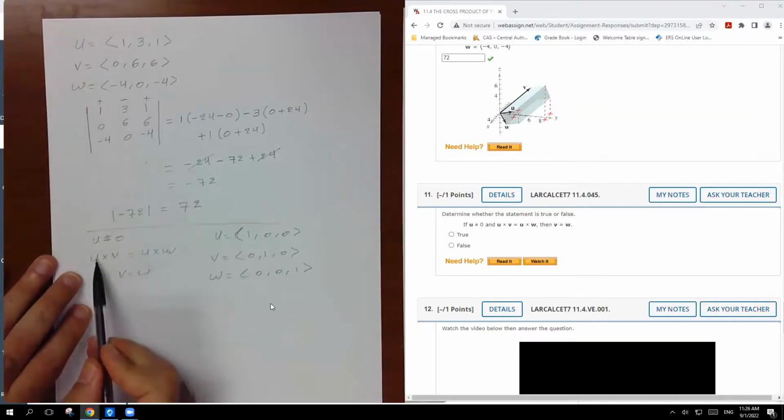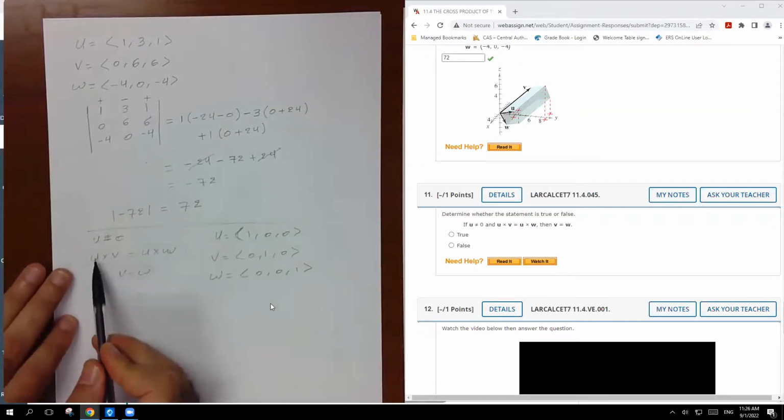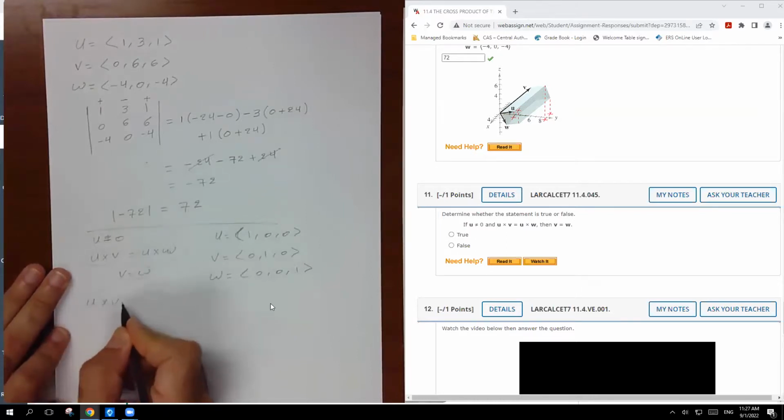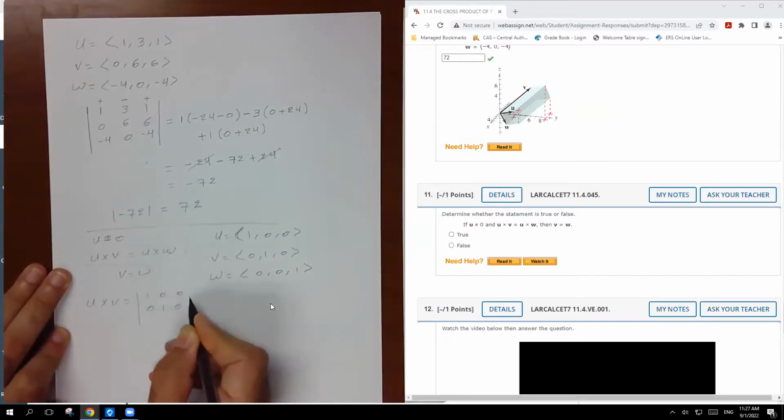So let's multiply this one, U times V. Let's do the cross product. 1 0 0, 0 1 0.